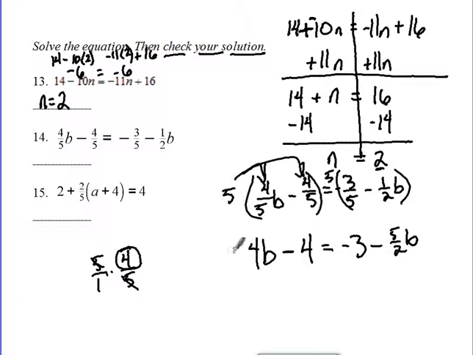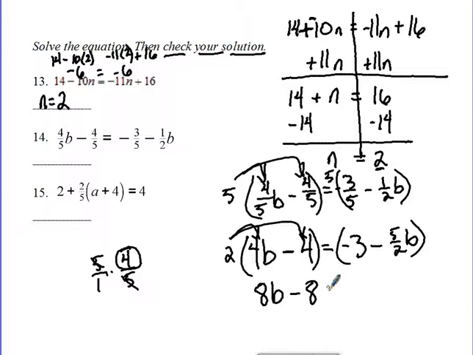So we got rid of the 5 fractions, but we didn't get rid of this last fraction here that was a 2. Well, we didn't multiply by the 2 fraction. We only multiplied by the 5. If we follow up and multiply everything by the other denominator, 2 times 4b, 8b. 2 times 4, 8.